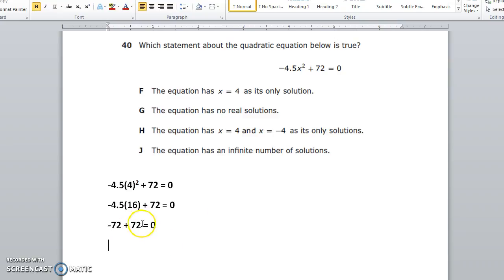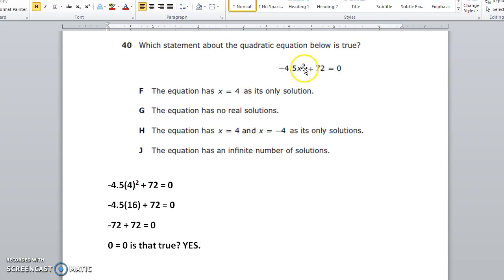Then when I add this together, -72 plus 72 gives me 0, so 0 equals 0. The question I'm going to ask is, is that true? And the answer is yes. 0 does equal 0. That's a true statement. That means that x does equal 4.